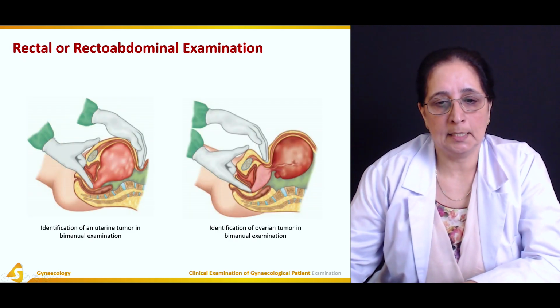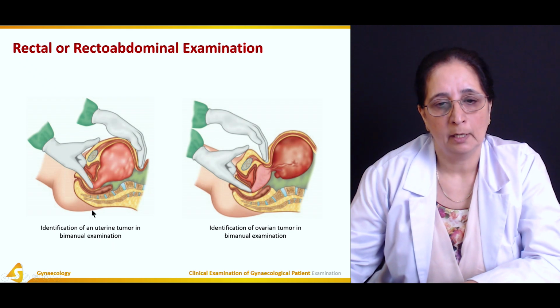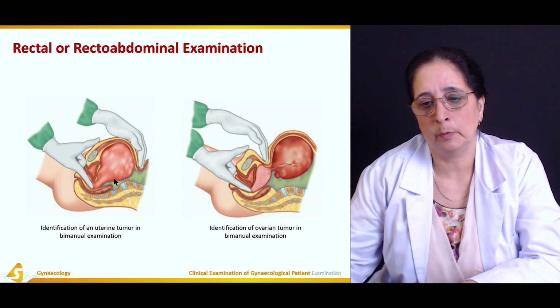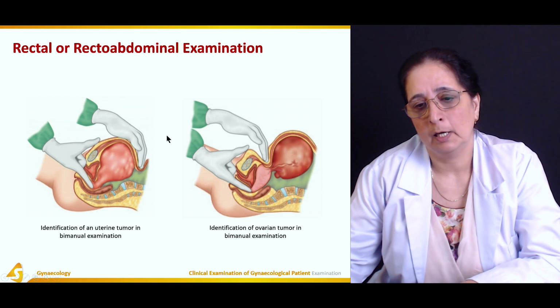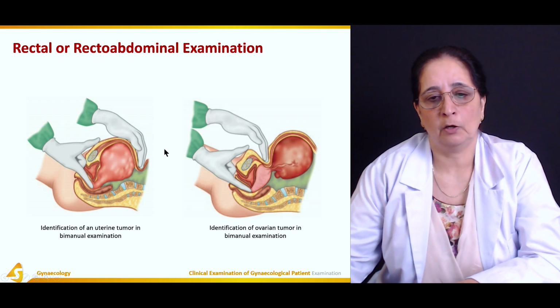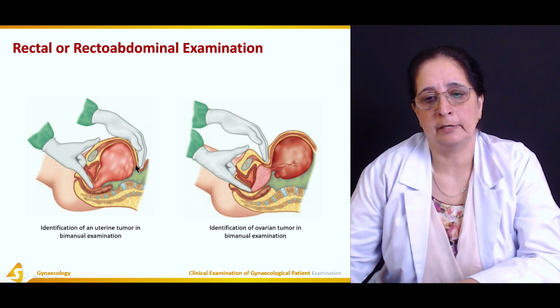Then again, this is the identification of uterine tumor in bimanual examination. Here, if there is any uterine tumor, you feel it. Again, identification of ovarian tumor. This is the positioning for uterine tumor and for ovarian tumor. In the bimanual exam, the positioning of the hand on the abdomen is different.